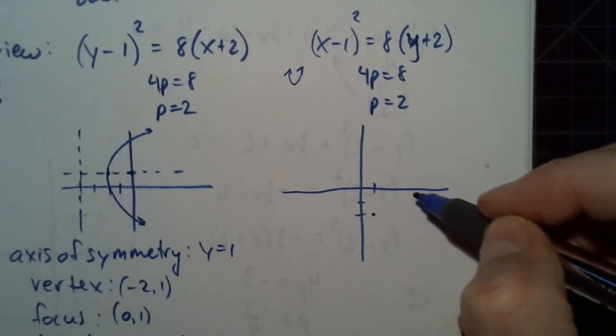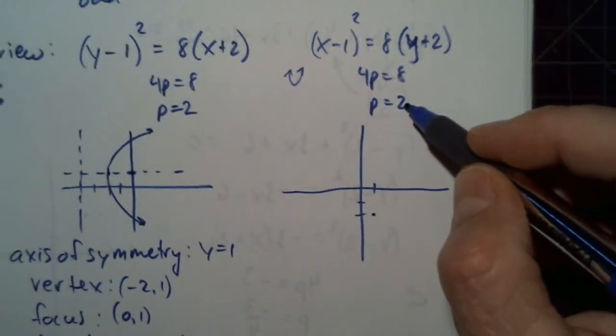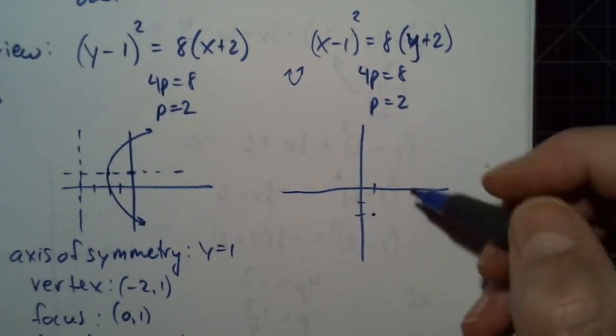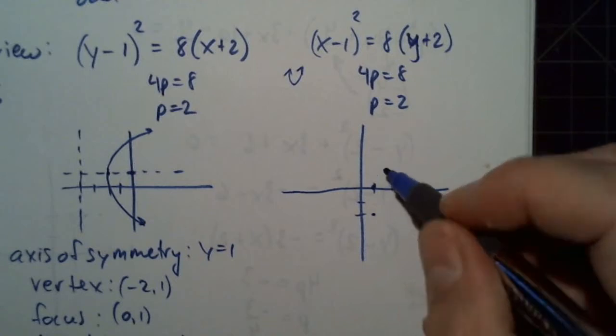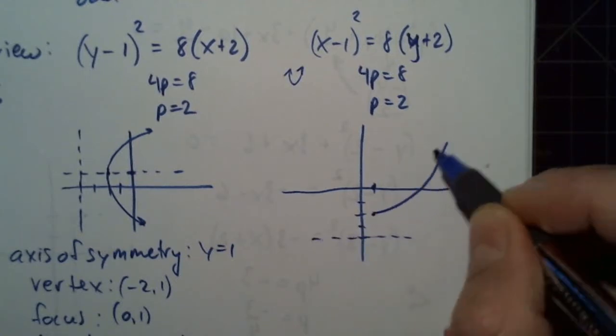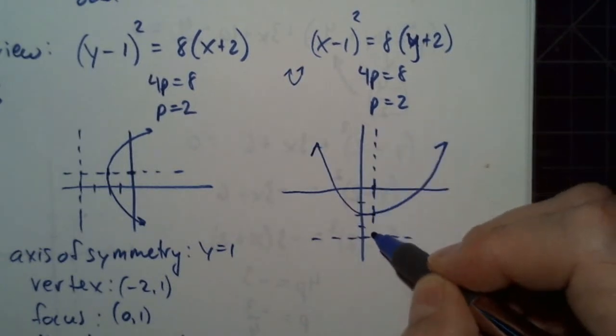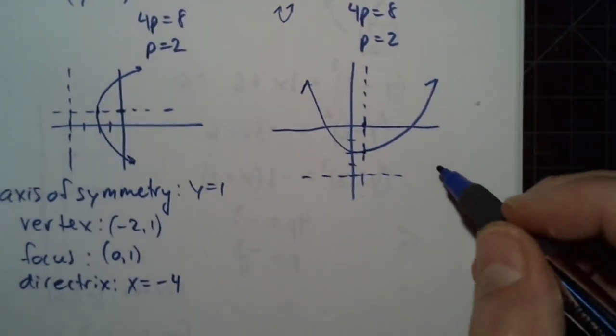And that is the vertex. We're opening vertically, moving positively to the focus, so that means it'll be up here. With the axis of symmetry down there.